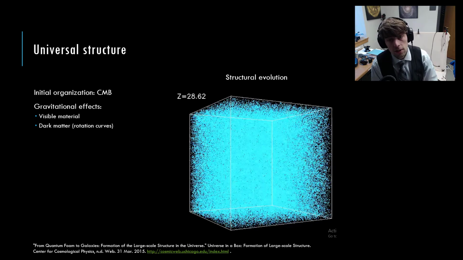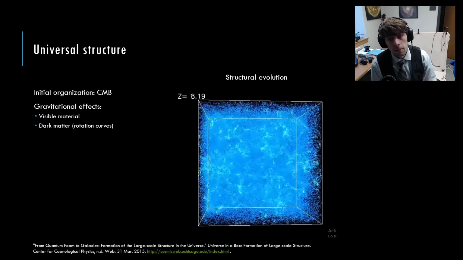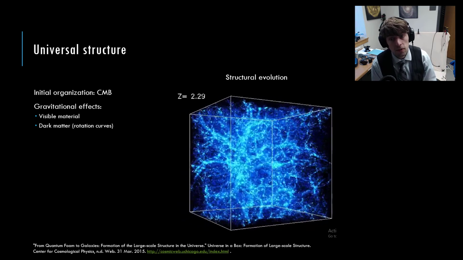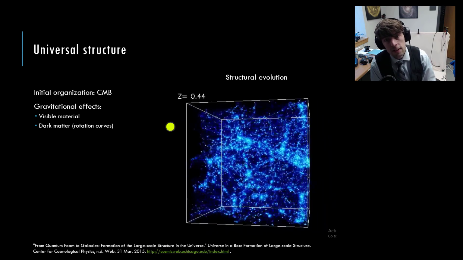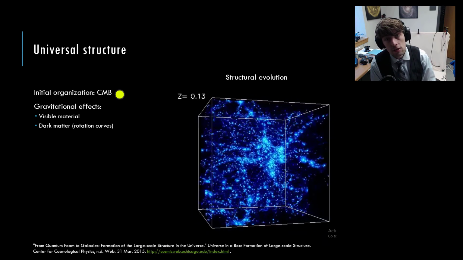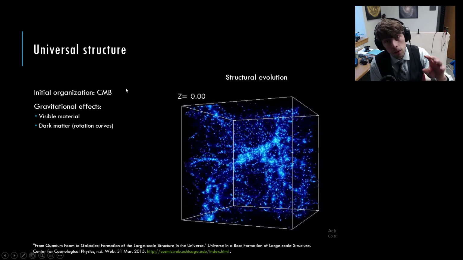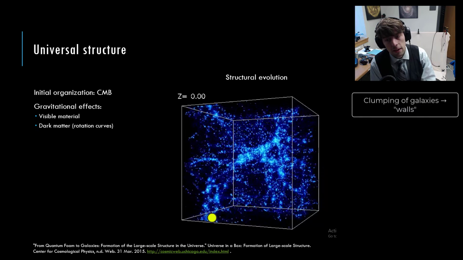And if we start from the early universe and we fast forward through time, we see that given the fluctuations of material, those small differences in the early universe cause clumping of galaxies, right? Clumping of galaxies and places where there are not very many galaxies.